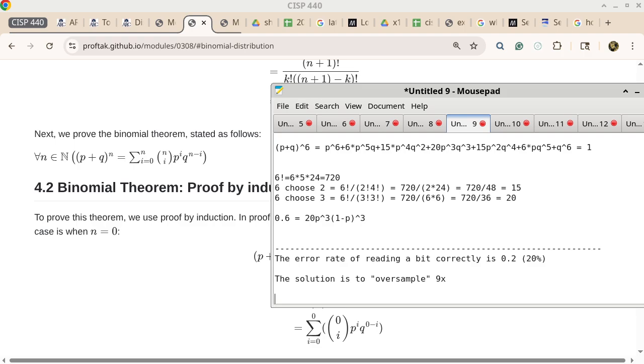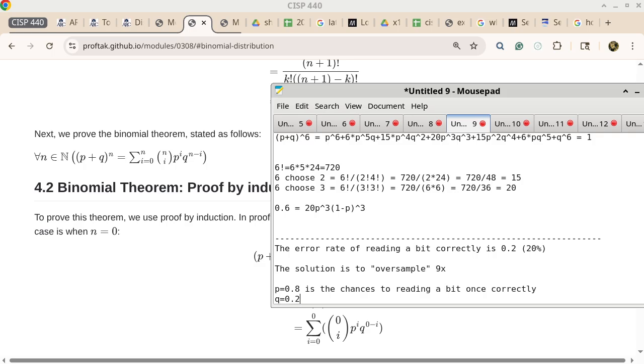All we care about is how many times it reads correctly and how many times it reads incorrectly. So in this case, p is 0.8, which is the chance of reading a bit once correctly. So q is going to be 0.2.